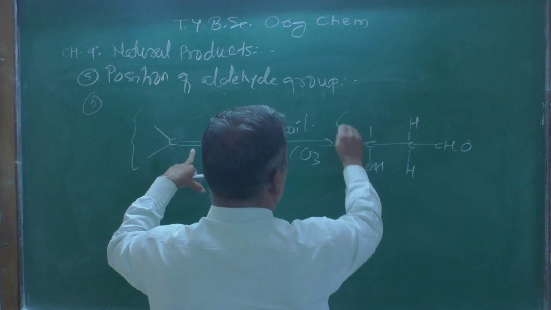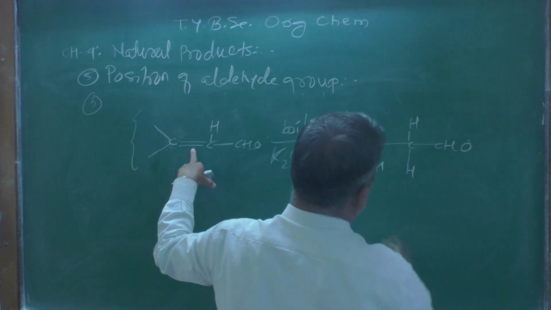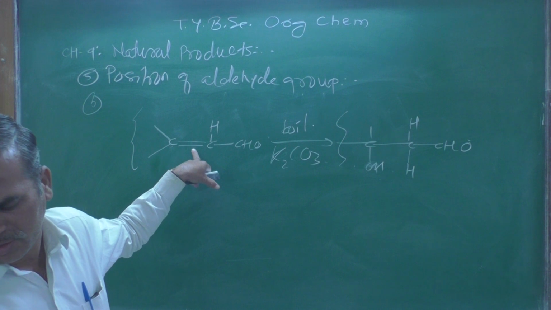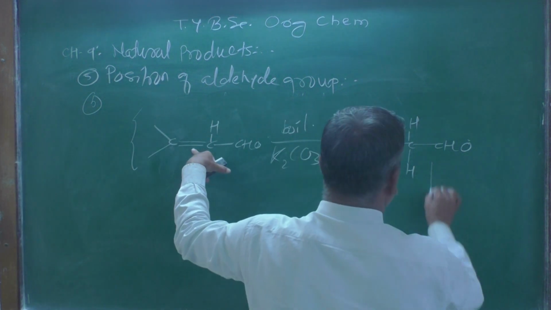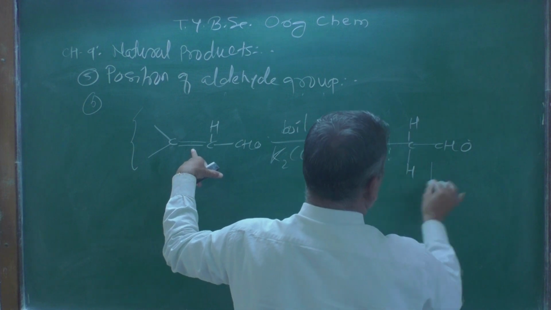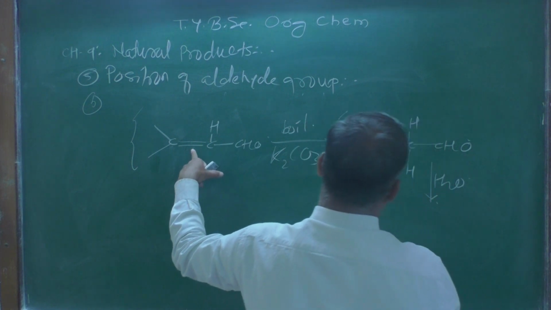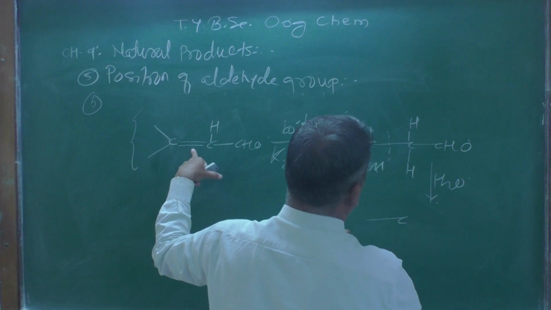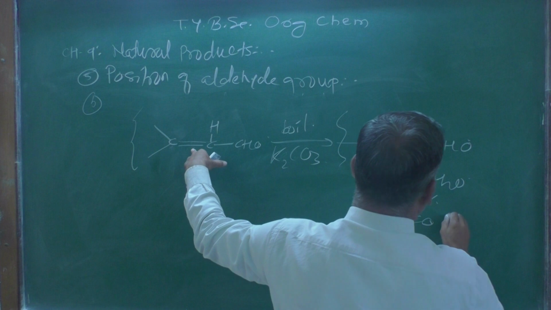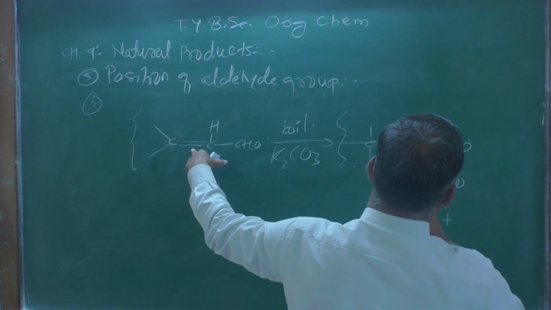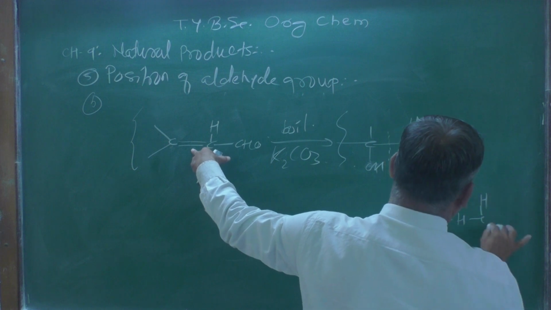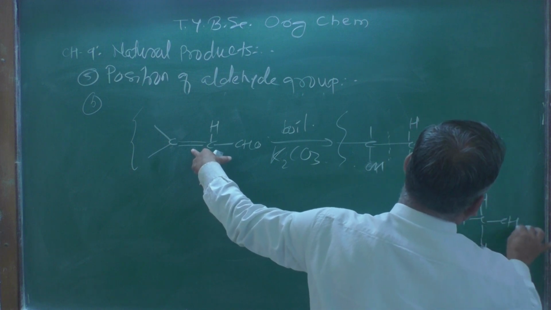This type of species is obtained, and this species is further treated with water, just work up, and the bond is going to break from here in presence of ice. So you are going to get the C double bond O ketone, as well as another hydrogen atom and a CHO.